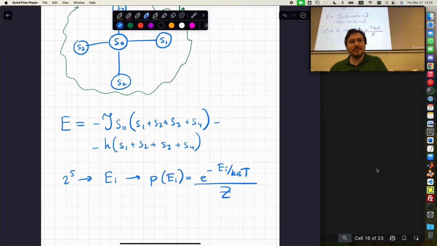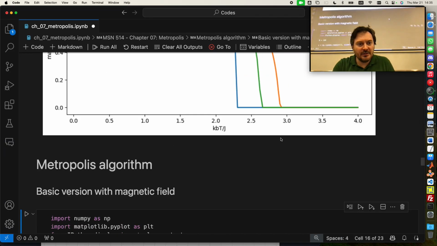Multiply it with magnetization for each state, and you get yourself a result. Well, if you do that, you actually can do that with pencil and paper, and you get very nice hyperbolic cosines and whatnot. Brilliant. Okay, but we will do it with a code. Here is our code.